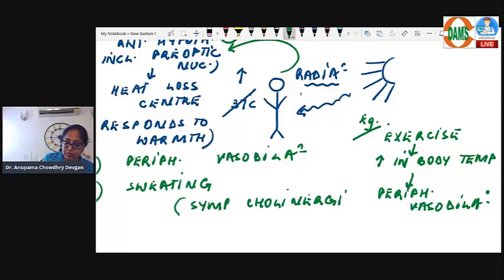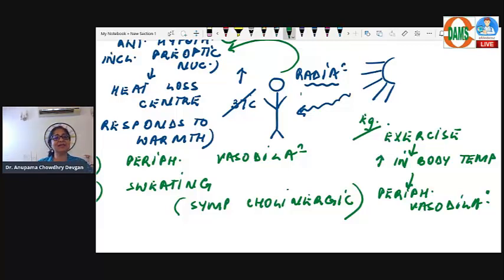So these are the two mechanisms which will be activated whenever there is a tendency to gain heat, right? For heat loss and heat gain, the major mechanism is radiation. Yes, both for heat loss, which happens in winters, and for heat gain. I did not say only mechanism, it says major.